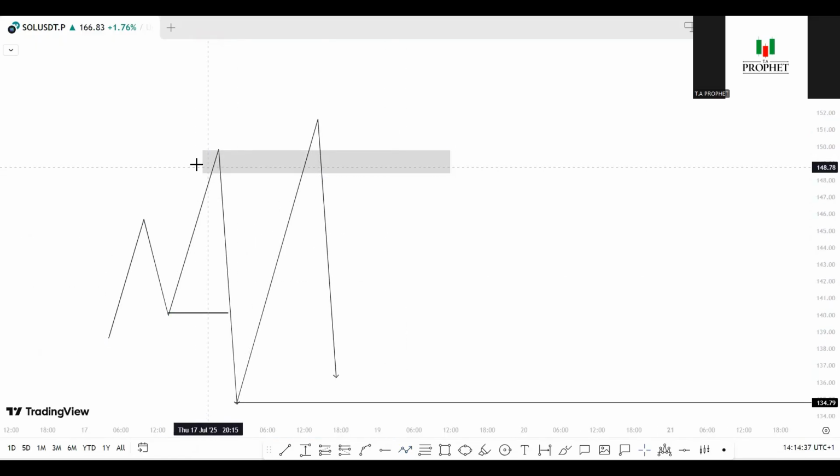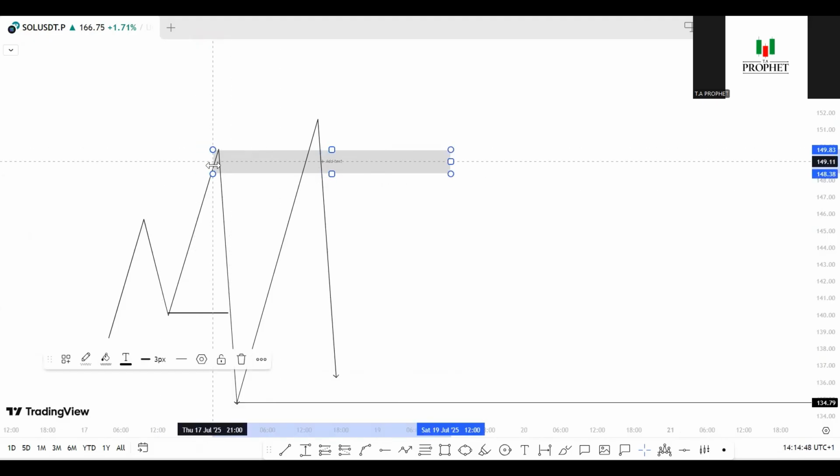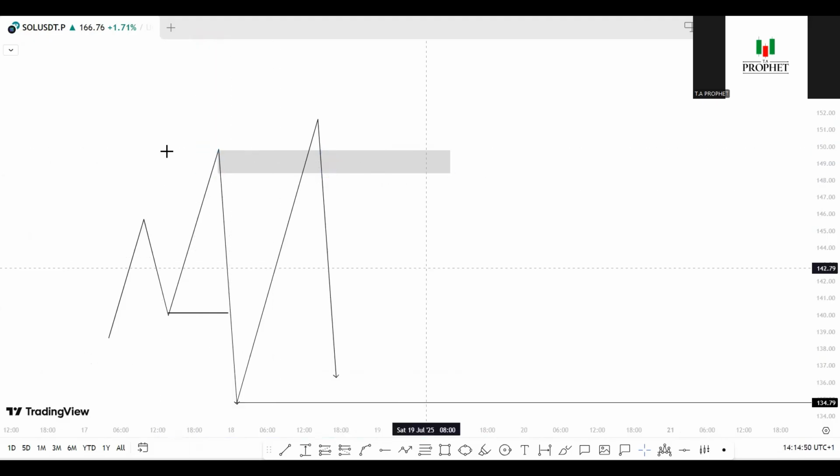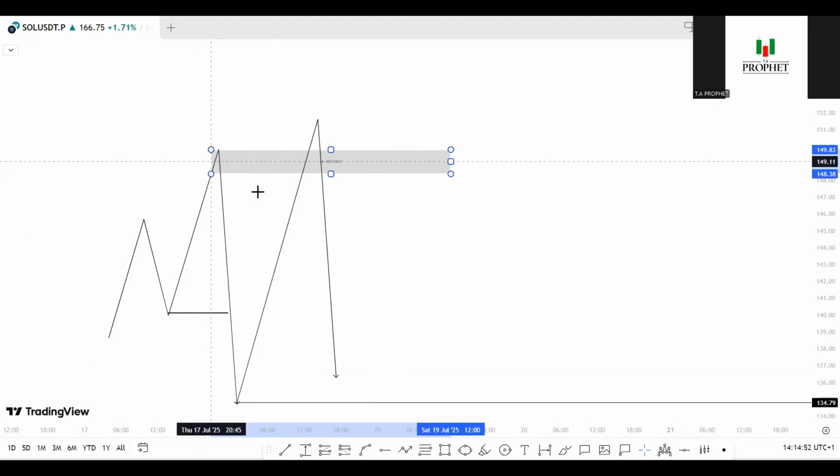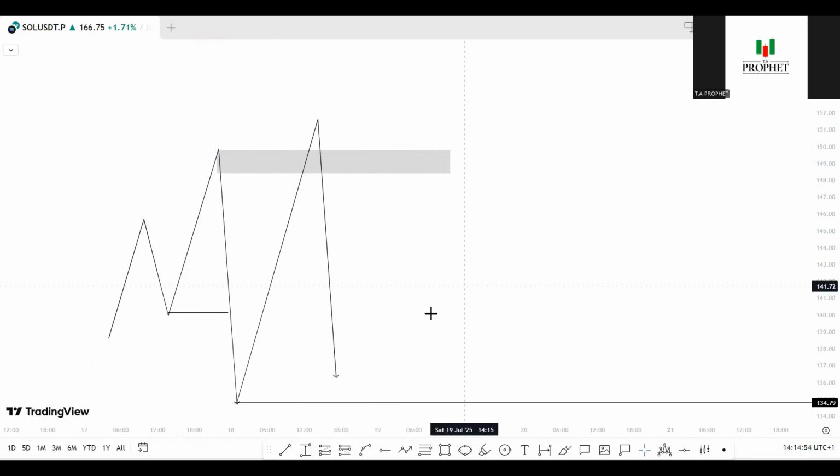So in that event, this order block will fail, and it will not turn into a breaker block. For those who don't understand, another block that fails is called a breaker block.